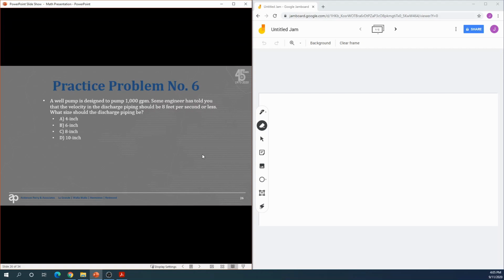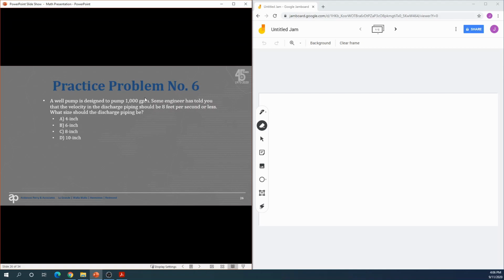Moving on to practice problem number 6. A well pump is designed to pump 1,000 gallons per minute. Some engineer has told you that the velocity in the discharge piping should be 8 feet per second or less. What size should the discharge piping be?